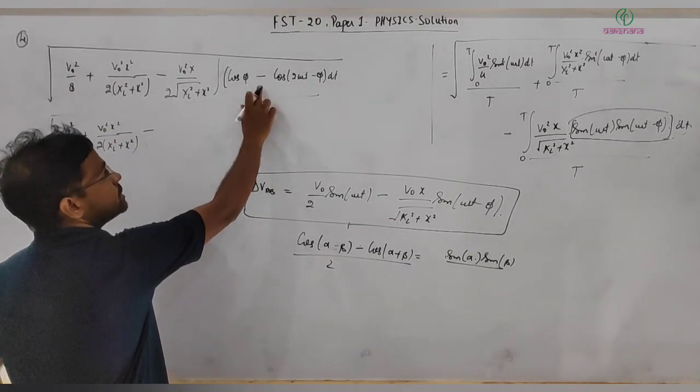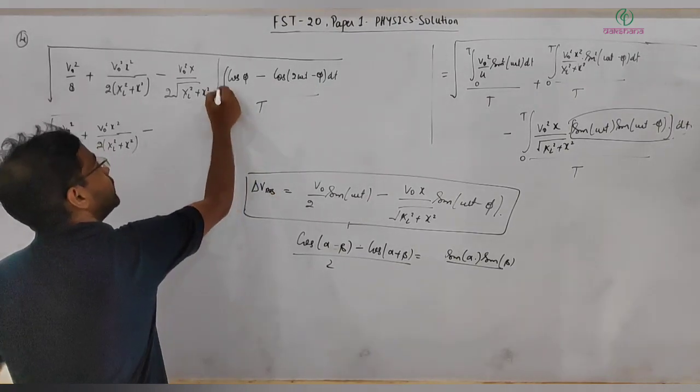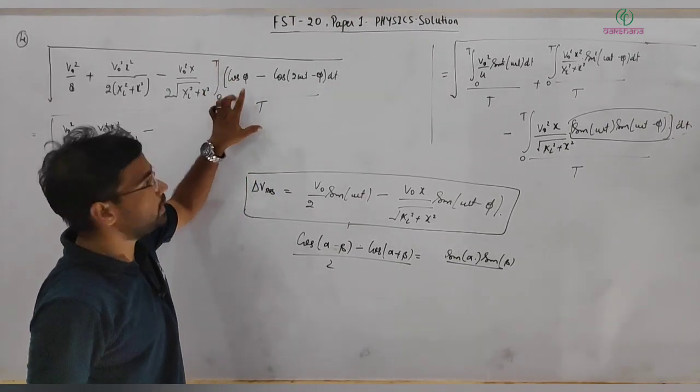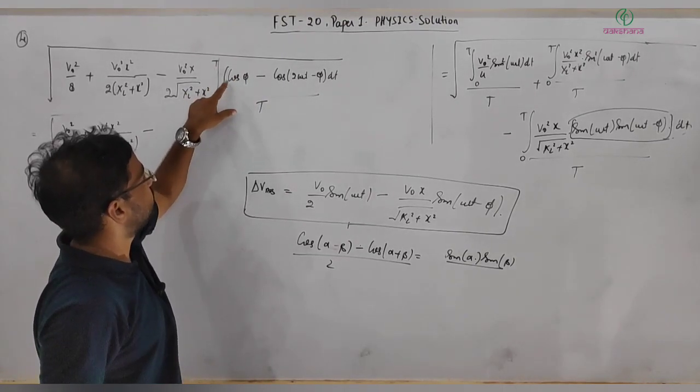Because these two parts have been simplified, cos phi is constant, so the integral of dt divided by t will be t, and you can imagine the t gets cancelled.